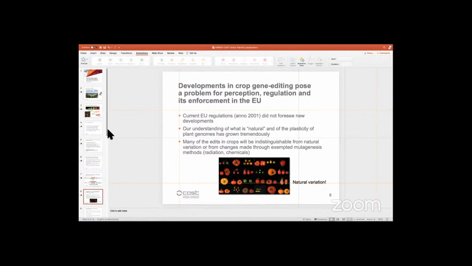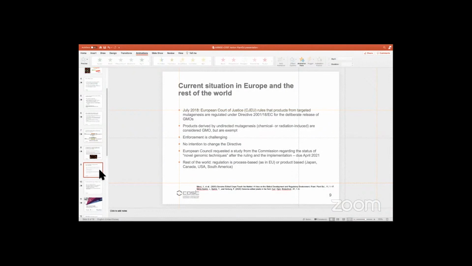So a lot of my colleagues and myself expected that the European Commission would treat these edited crops with small edits like the exempted mutagenesis methods. Unfortunately, the European Court of Justice decided differently.